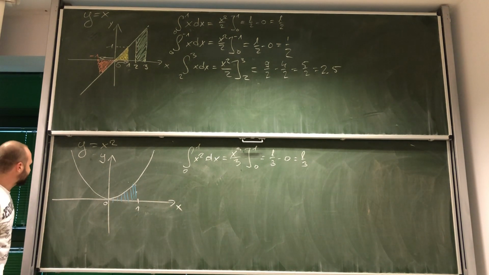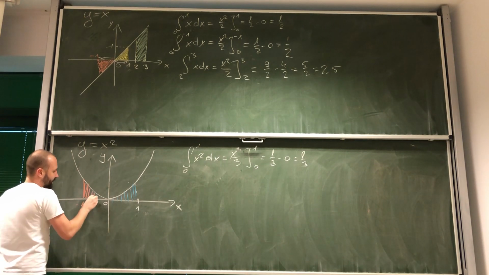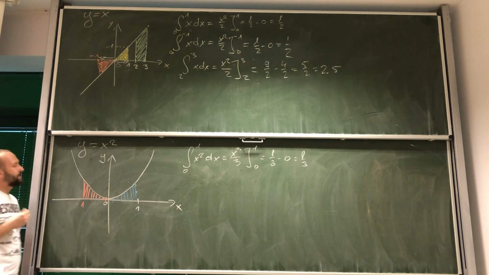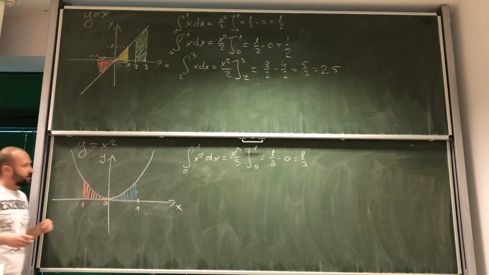Now if I ask you the size of this area, I hope you can guess by the symmetry of this function that it needs to also be 1 over 3. But now the thing is that here, unlike in the previous case, this part is above the x-axis. So we don't even need to change the limits of integration.